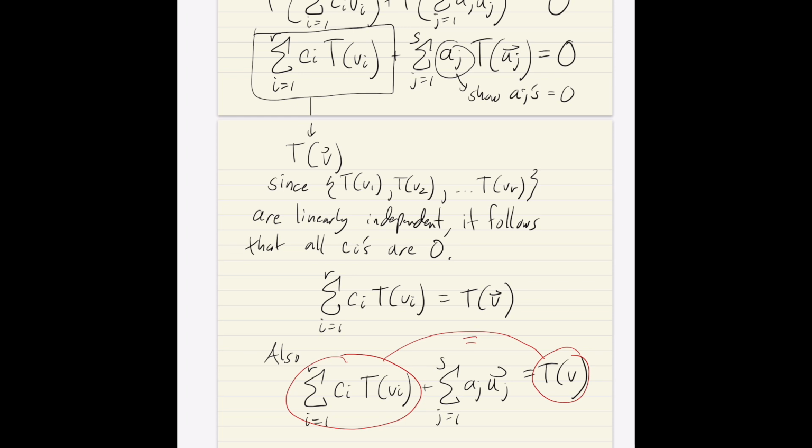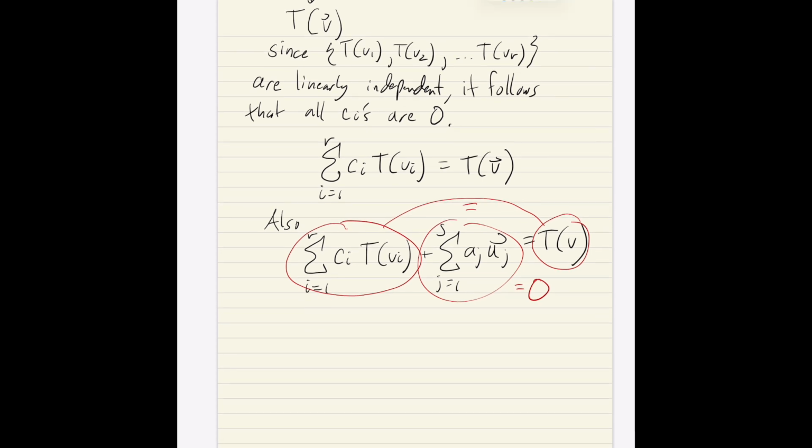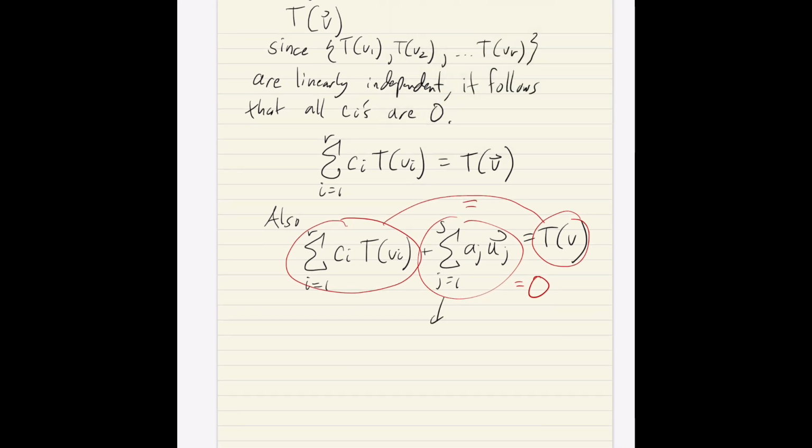And the only way that can remain true is if this in the middle is set equal to 0. So thus, the sum from j equals 1 to s of aj uj is equal to 0.